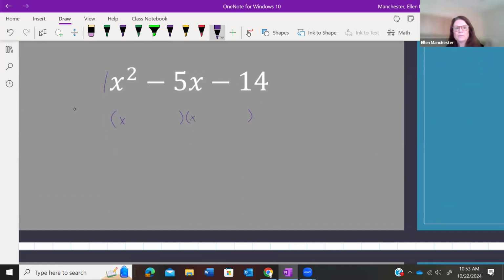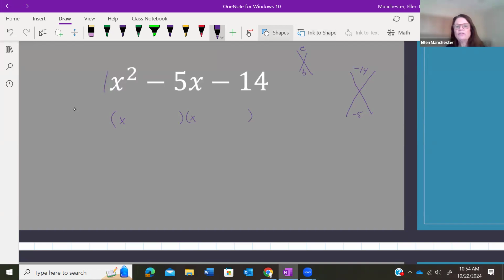Okay, to get your negative 14, this is how I do it. Lots of other people have lots of different techniques, but the idea is you put your C at the top and your B value at the bottom.